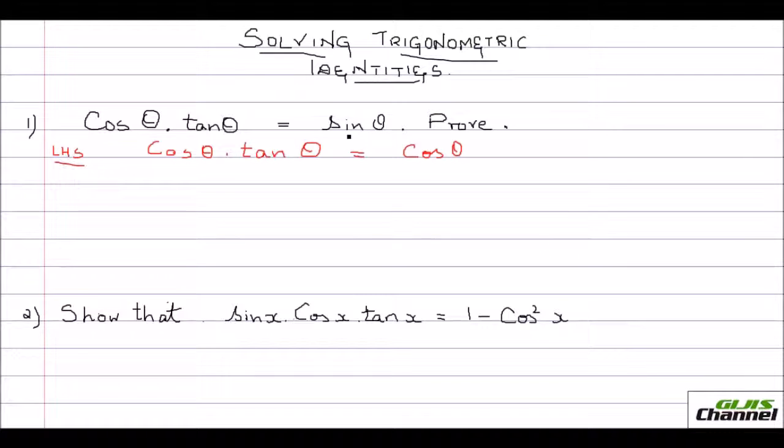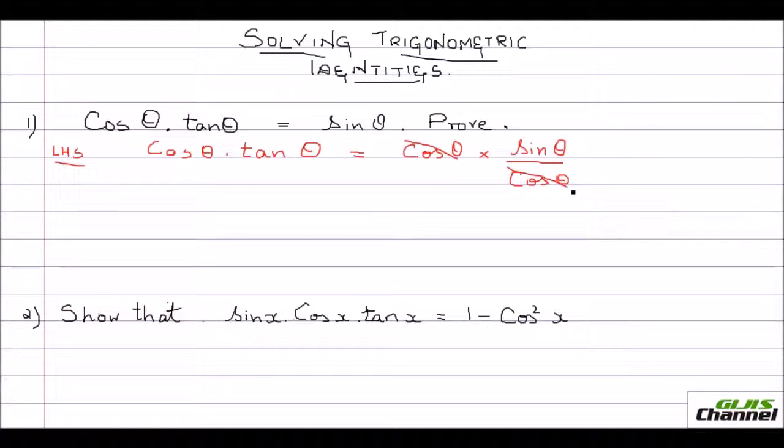So here, since I have sine, I would like to put this tan in terms of sine and cos, okay? So this I can write tan theta in terms of sine and cos. So that is sine theta. Tan theta is sine theta over the cos theta. So what happens? The cos theta on the numerator, now I am using a bit of algebra here.